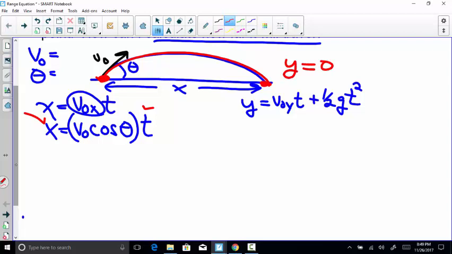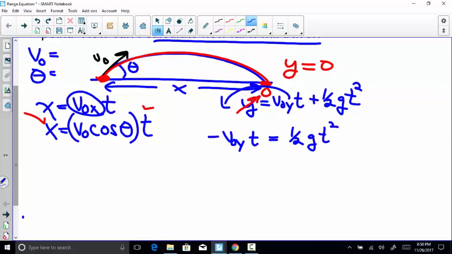And that is one of the keys for this particular problem. So I can say y equals 0, and then I can bring this term to the other side of the equation, and I have v initial y t would equal negative 1/2 g t squared. And you are correct, I need a negative there.